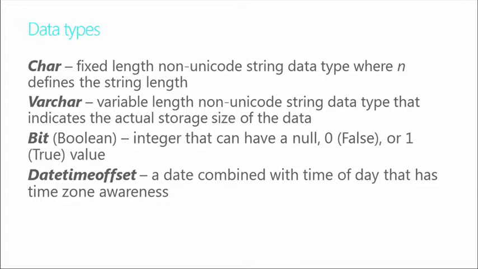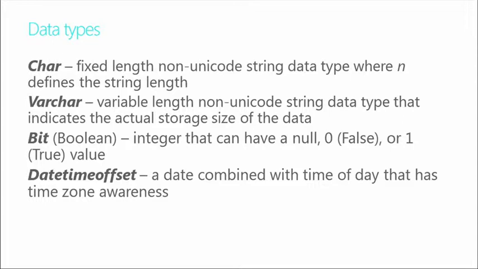I can't remember. 20 somethings. So it's going to allocate that number. Now, if I only use 4, there's going to be 16 unused. So it's a fixed length. With a varchar, variable character length, if I put 20 in there and I store 4 characters of information, it's only going to allocate what is needed to store the content in that type of field. So that's the difference between those two.